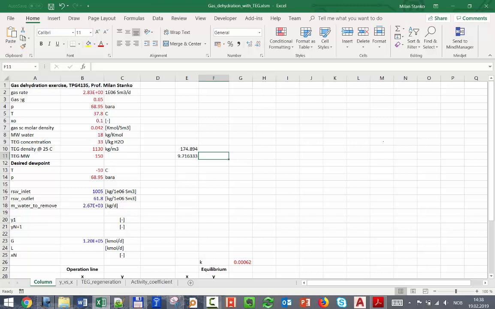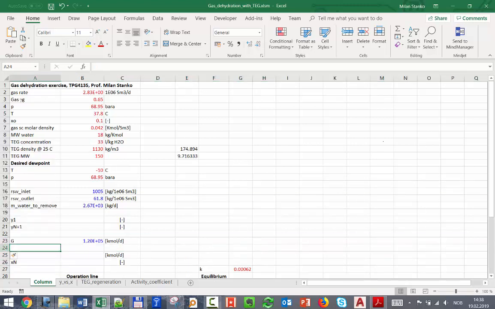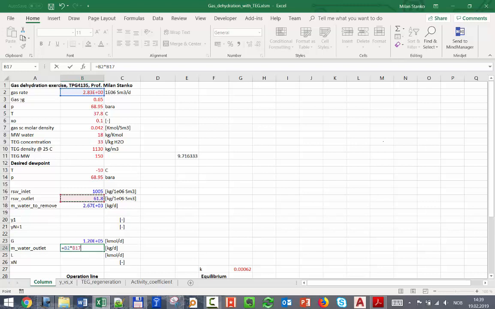Let me add one more row here. Here we can see mass of water at the outlet, in kilogram per day, and that is simply this guy times this guy.